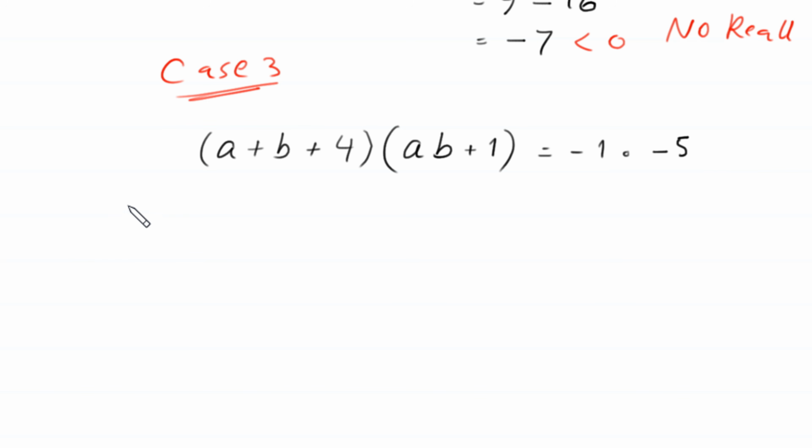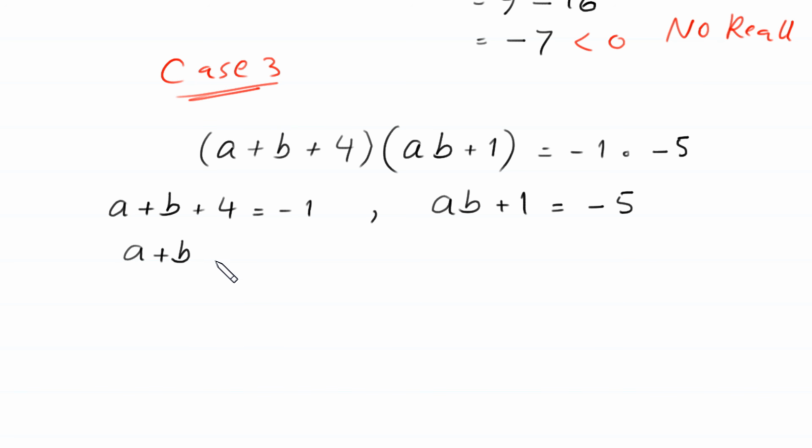So a plus b plus 4 will be equal to negative 1, and ab plus 1 will be equal to negative 5. From this equation, we get the value of a plus b is equal to negative 5. And from this equation, we get the value of ab is equal to negative 6.